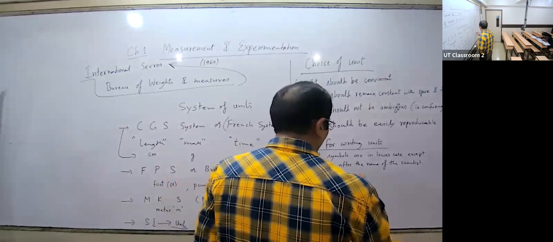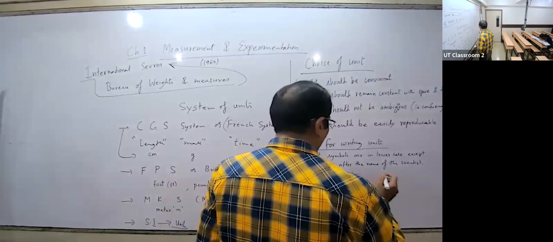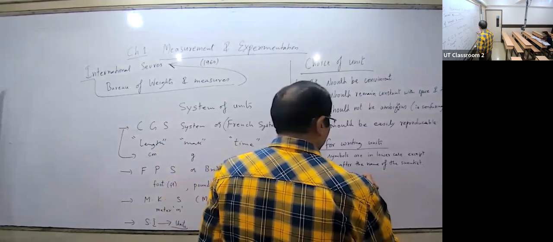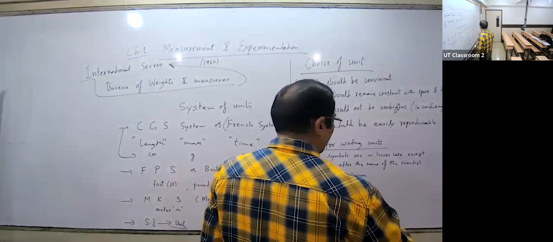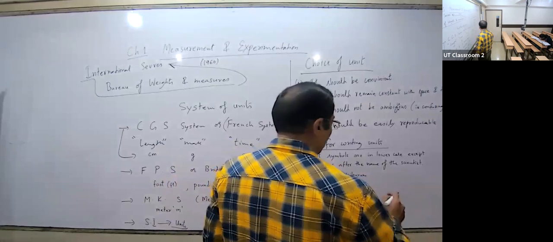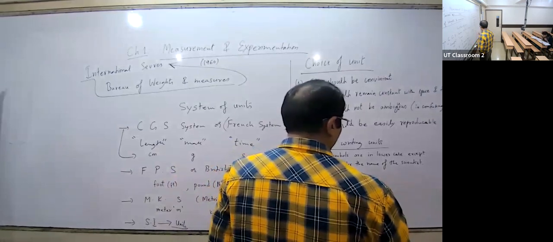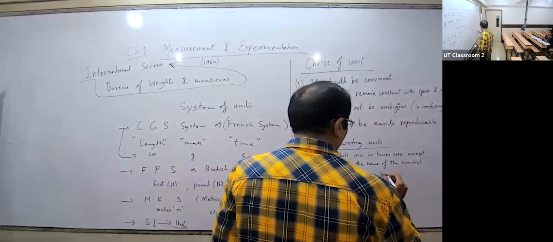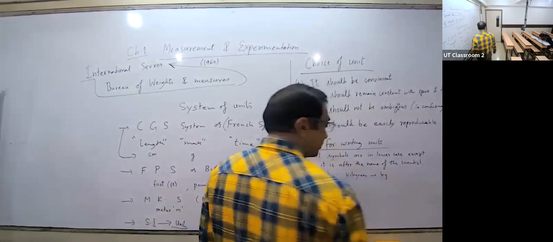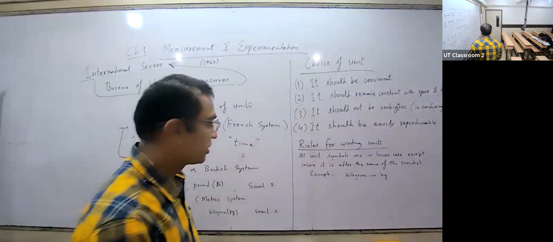So kilogram, the full form is written in lowercase, irrespective of whether it is the name of a scientist or not. So kilogram is written like this, and the symbol is written as small k. Okay.